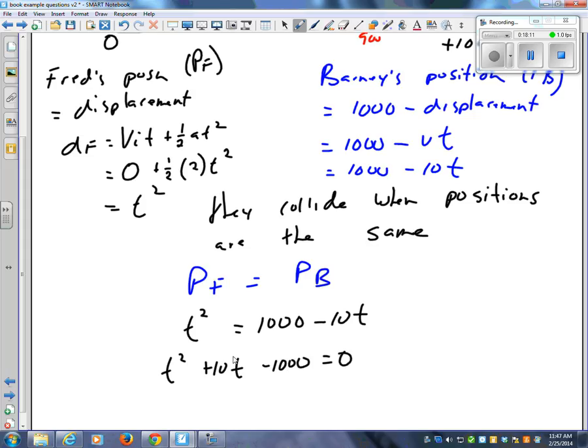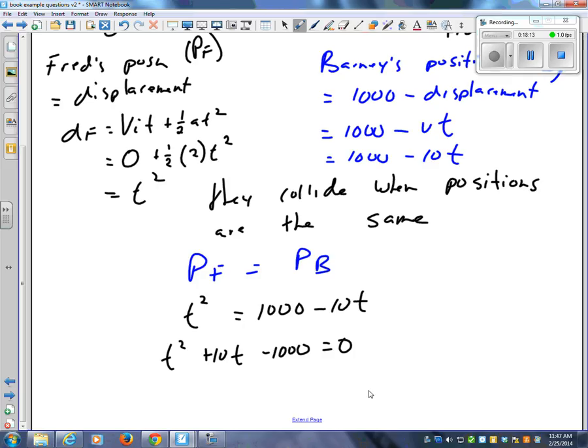Is that factorable? Well, I mean it is, but is it going to be easy to factor? Can you come up with numbers that multiply together to give you 1,000 that add or subtract to give you 10? It's not going to be easy, is it?